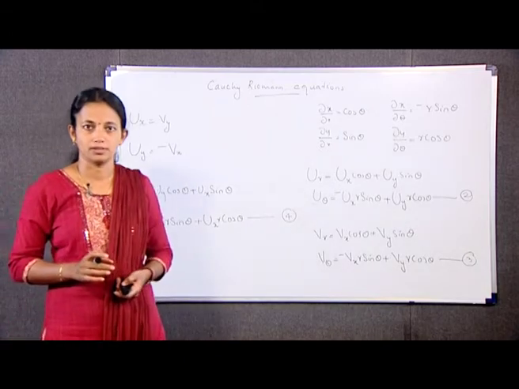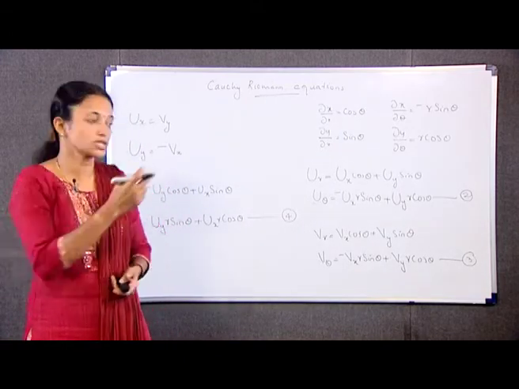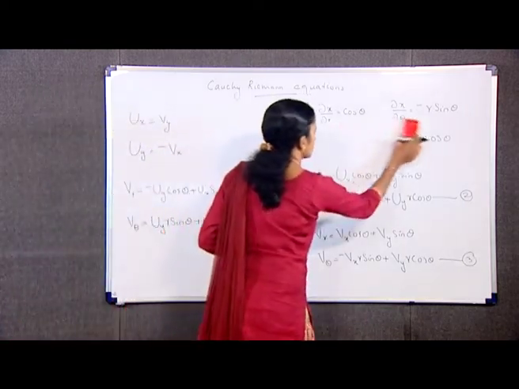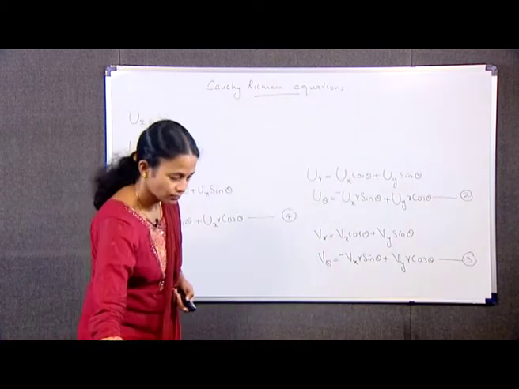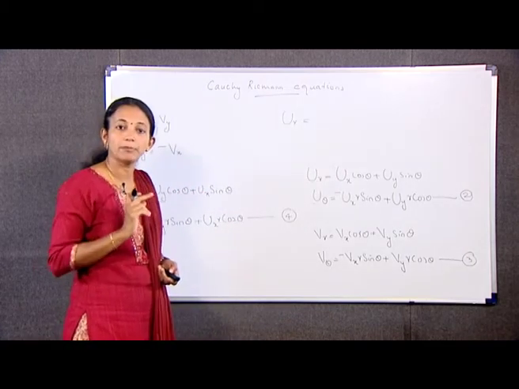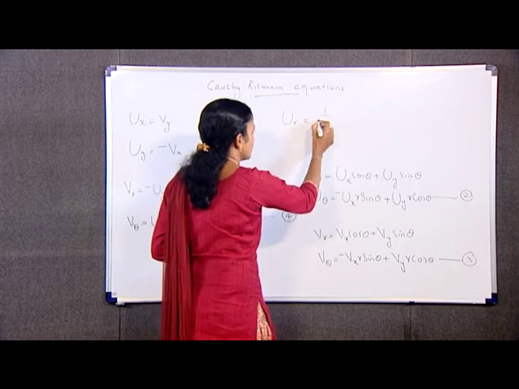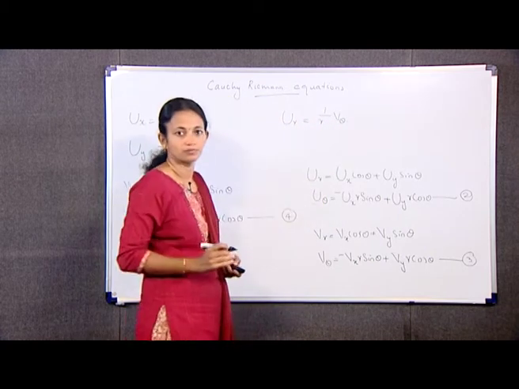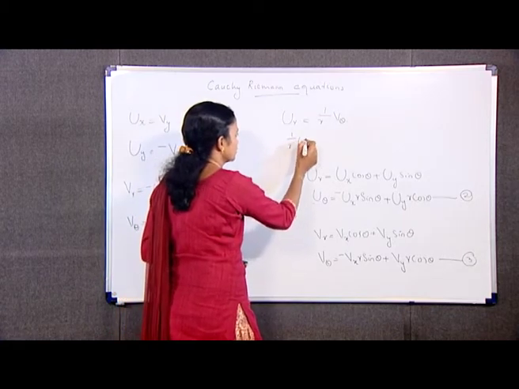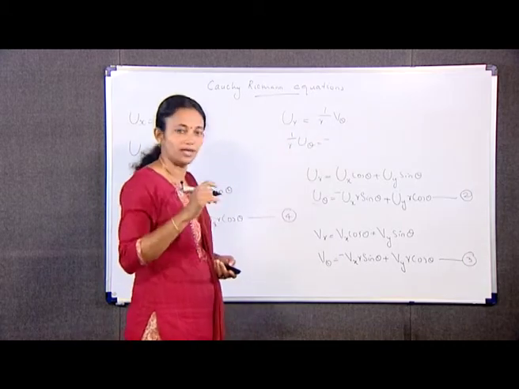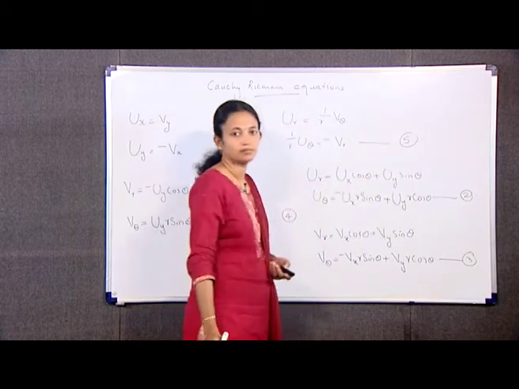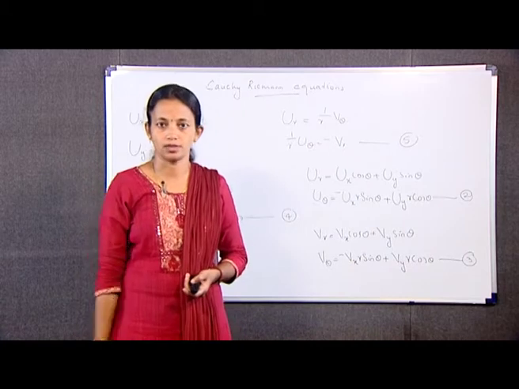And at that point, it is then clear from equations 2 and 4 that u_r is equal to 1 by r v_θ, and 1 by r u_θ is equal to minus v_r, at that point z naught.